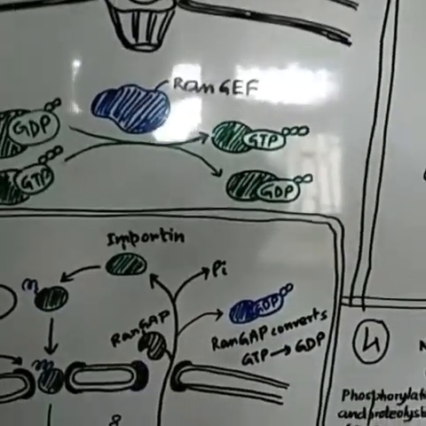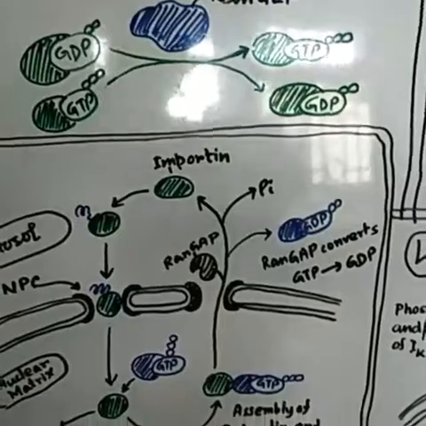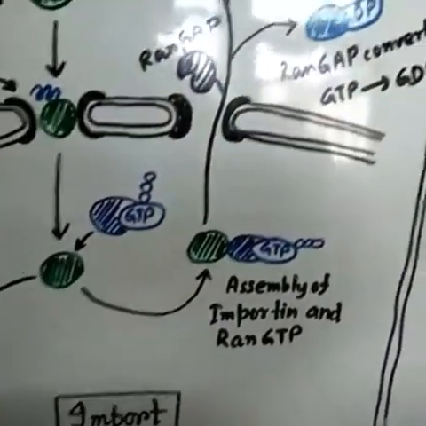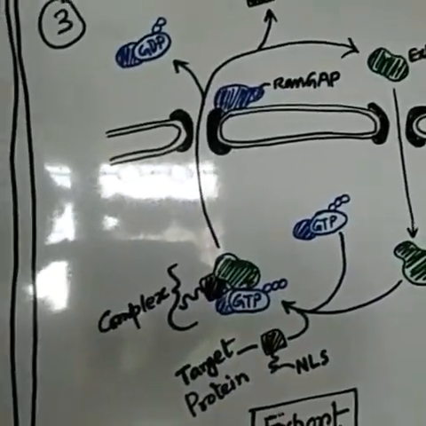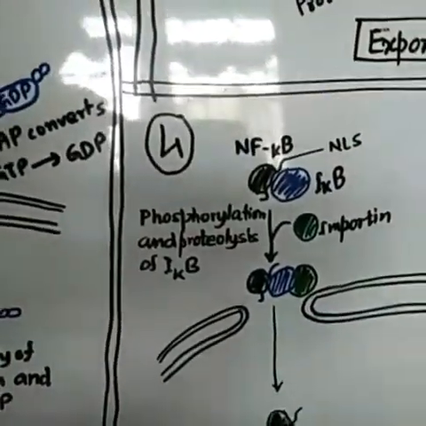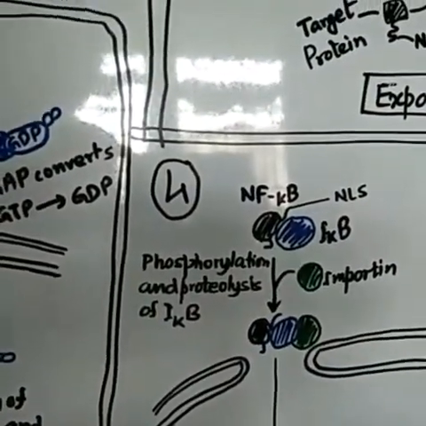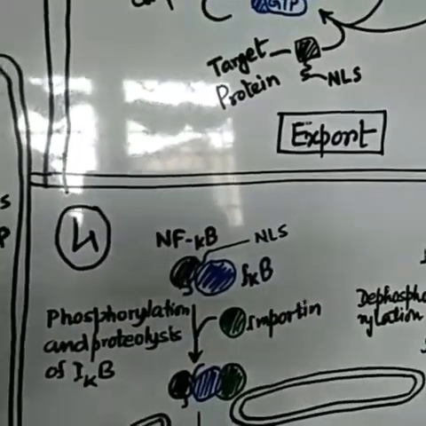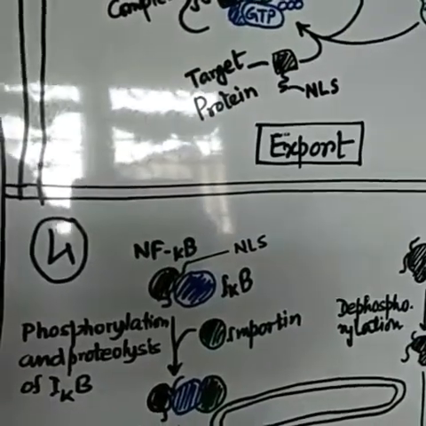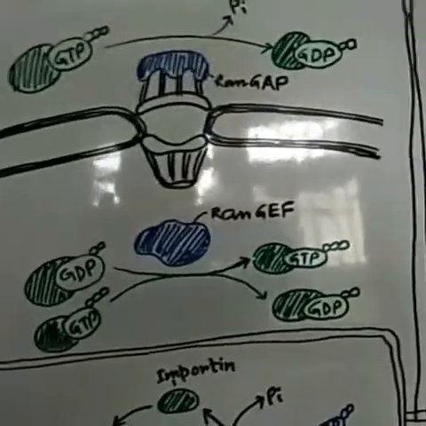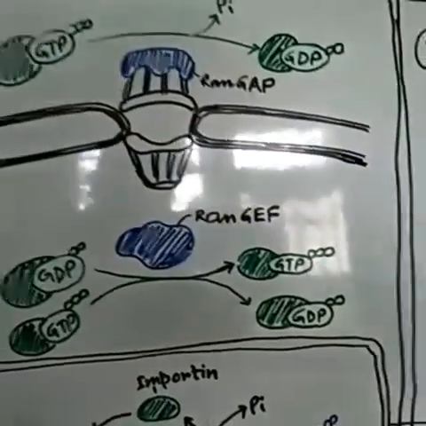Number 2 denotes the import mechanism of the nucleus. Yes, this is the import. Number 3 shows the export mechanism of the nucleus. And number 4 is the mechanism of transport of several transcription factors like NF-kB and Pho4, which is a transcription factor of yeast, etc. Then let's start the explanation of these diagrams.